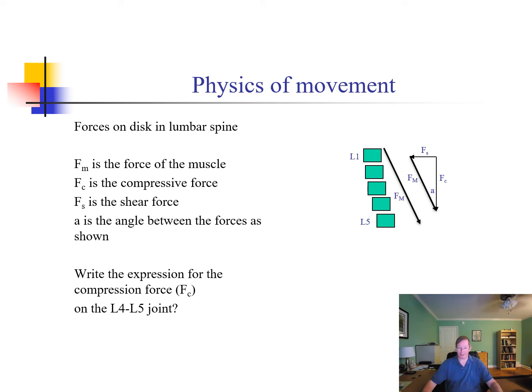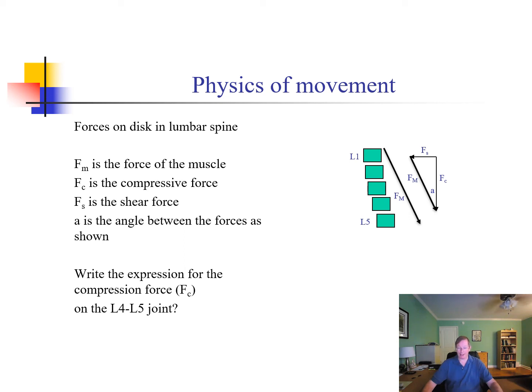So if I have these little blocks that are neatly stacked on each other that represent the vertebral bodies in the lumbar spine, L1 through L5, there's a set of muscles that run along the outside of the spine that actually are applying a force downward. Now that force has both a compressive effect, which is shown here, as well as a shear effect, which is shown here.